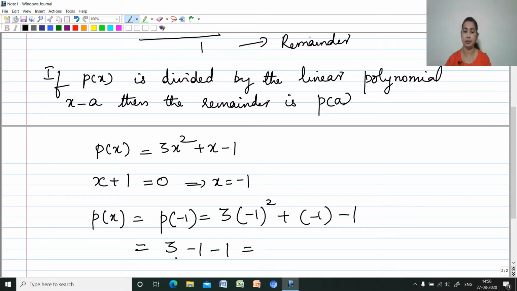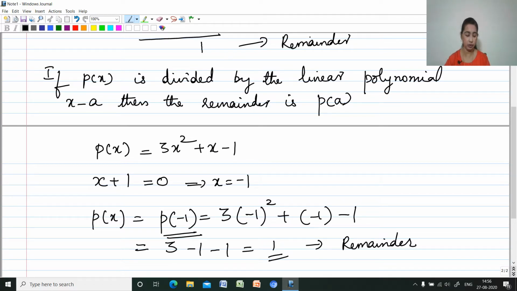That is 3 minus 2 gives 1. Again here also, what we are getting is called the remainder. This method we call the remainder theorem. That is, if p of x is divided by the linear polynomial x plus 1, then the remainder obtained is p of a, or here in this question, p of minus 1.